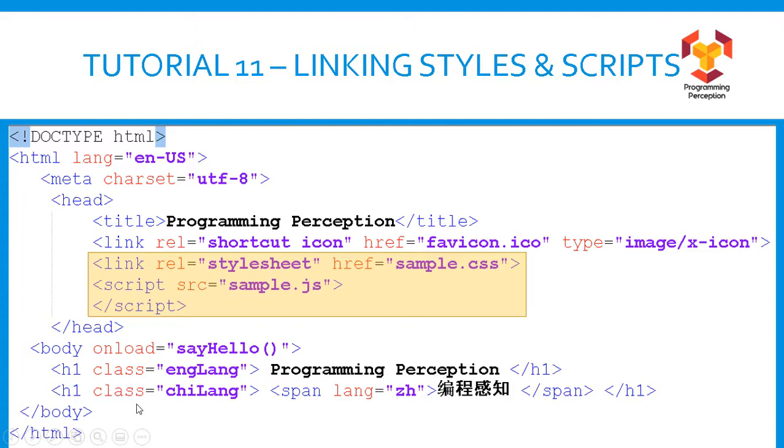The two class attributes in these two h1 elements are used so that we can provide different styling to these two headings. This heading is for the English language, so I have given the class name as ENG-lang, and this is for the Chinese language, so I have written CHI-lang. It's up to you what name you provide to these classes. We will discuss classes more specifically in CSS.